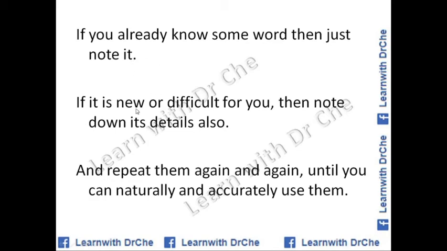If there is a new word or a difficult one for you, then note it down with details or example sentences, and after doing this repeat them again and again until you can naturally and accurately use these words. This is how you can achieve 7 to 9 bands in IELTS, or 24 to 30 in each module of TOEFL. Don't use tips and tricks, please. Don't waste your time, please.